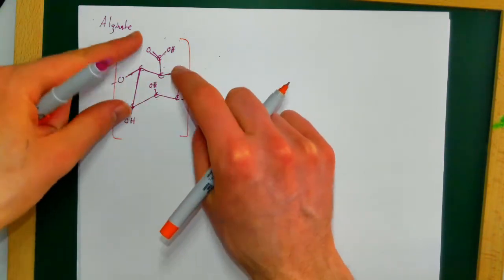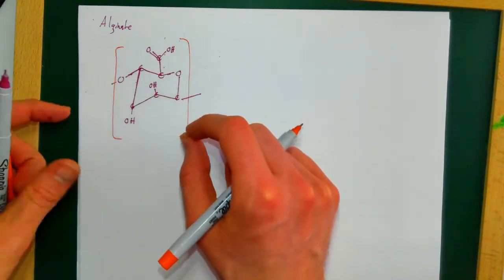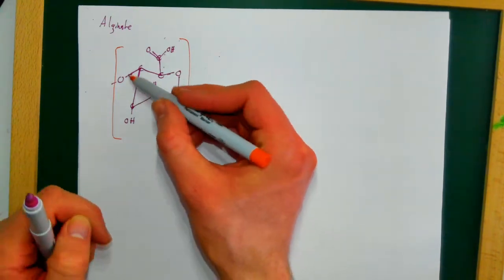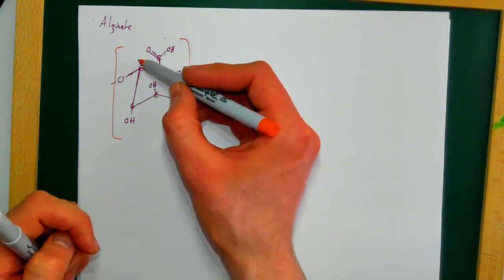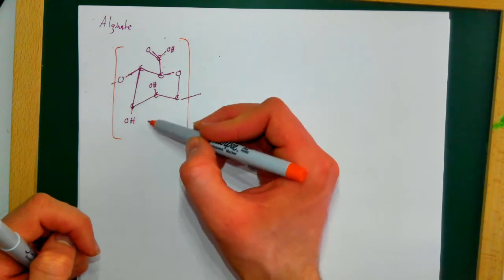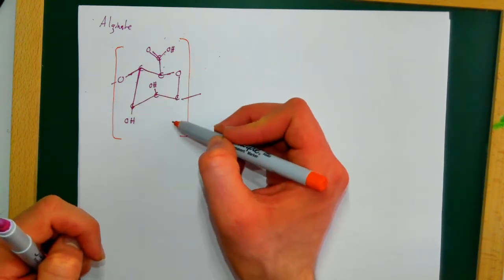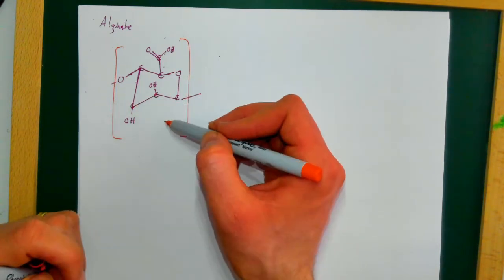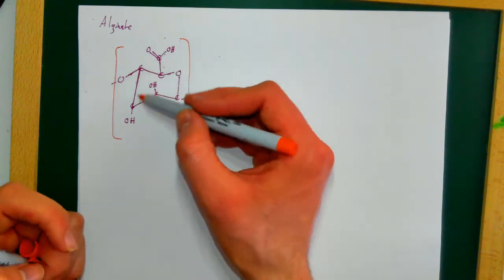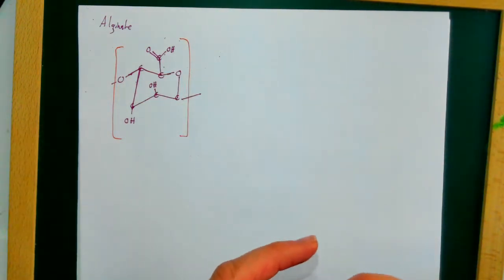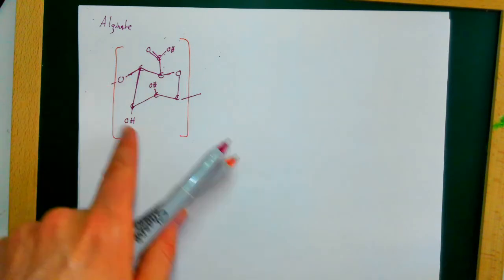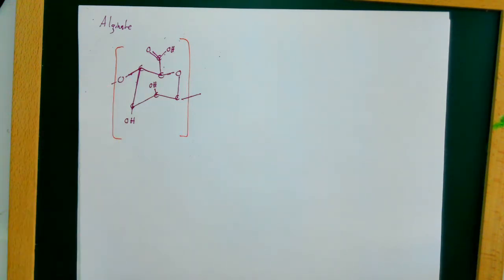Because these are all single bonded carbons that are all slightly out of plane with one another. There are a bunch of hydrogens here that I omitted, right? This carbon basically needs an extra hydrogen, as does this one. This one needs a couple. This one needs a couple. Or sorry, this one just needs one more, etc. Right? So there are a bunch of hydrogens that I haven't drawn here. But anyway, this is what we have here.